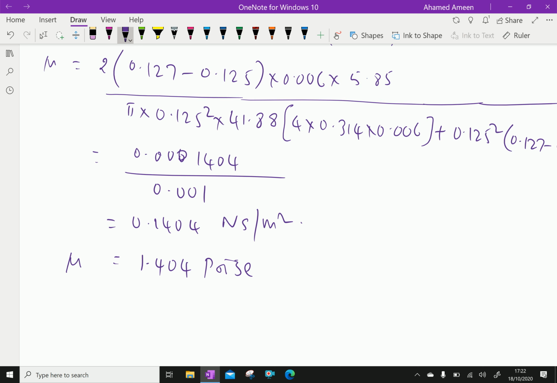Therefore the viscosity of the oil required is 1.404 poise.